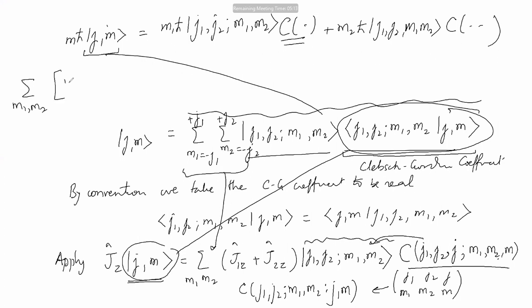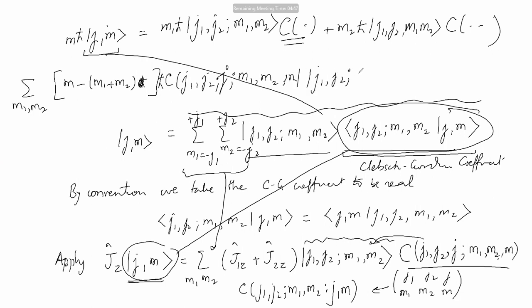(M - M1 - M2) h cross, I should write h cross outside, times C J1 J2 J, M1 M2 M, ket J1 J2.